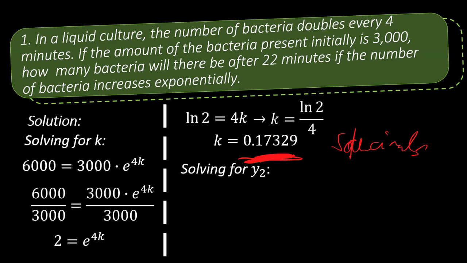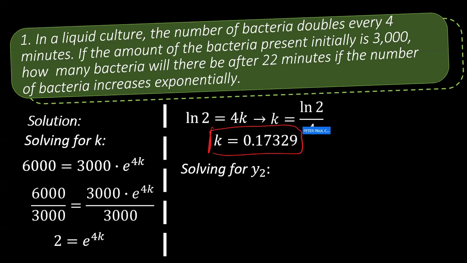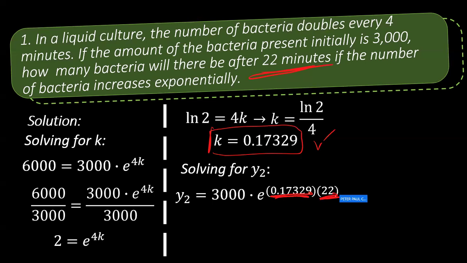And we substitute now. Let's solve for what is asked in the problem. We're done with the first one, k. Now for 22 minutes, the formula is y sub 2 is equal to 3,000 times e raised to k times time. And so y sub 2 becomes 1,135,744.07. But remember that this is discrete data, right?